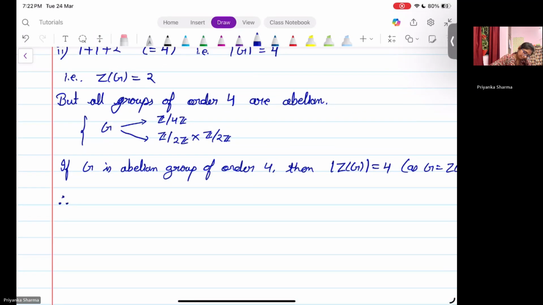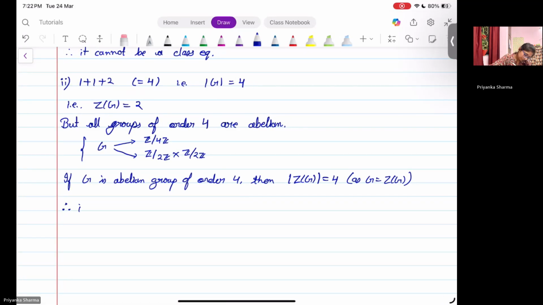Therefore, it cannot be a class equation again.